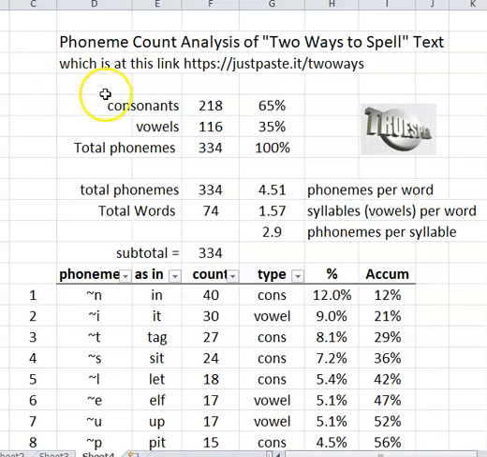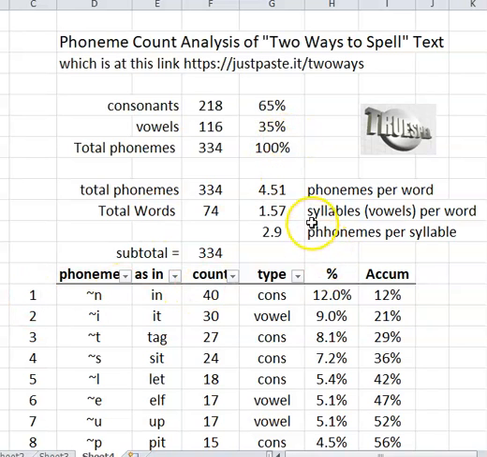You can look at this link for where these phonemes came from. The total phonemes are 334, and of interest is there were 65% consonants and 35% vowels.